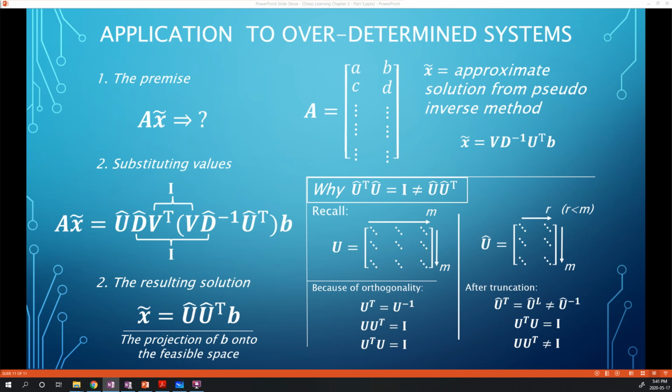I'm going to share a link in the description for a great video lecture from MIT on subspace projection. So really what the equation is showing us is that we're projecting B onto the subspace of U. We know from first principles of projection in linear fields that the result of this projection can only be that vector in the subspace U times U transpose which has the least error when compared to our target outcome.